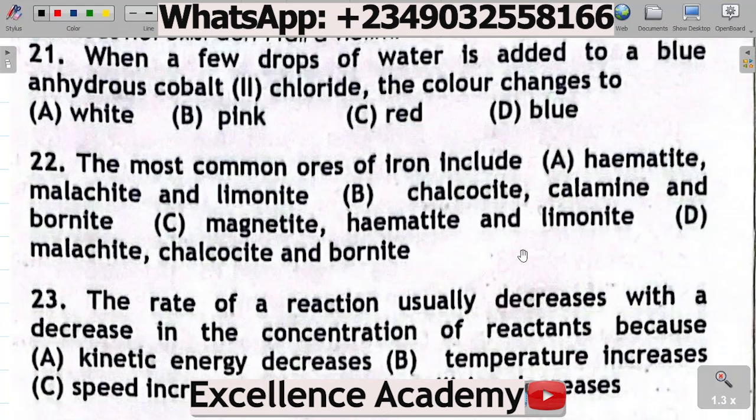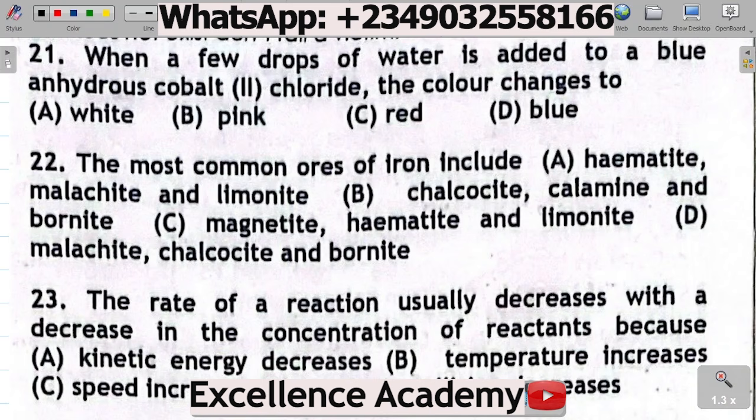Let's look at question 21 to 30 of the 2024 JAMB Chemistry examination questions. Question 21 says, when a few drops of water is added to a blue anhydrous cobalt 2 chloride, the color changes to A. White, B. Pink, C. Red, D. Blue.